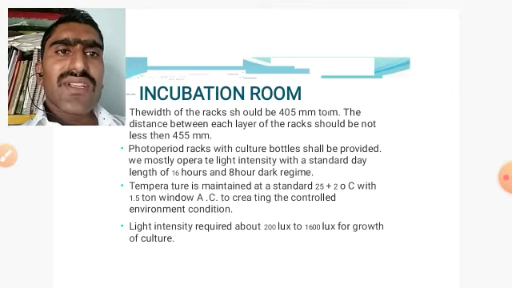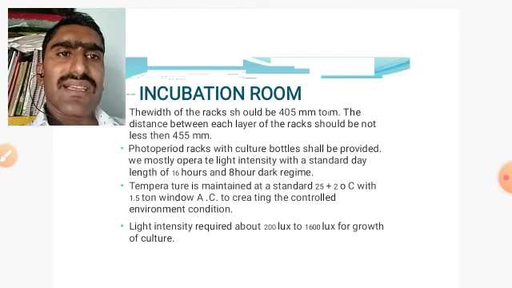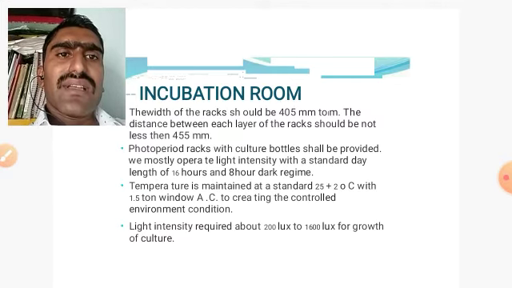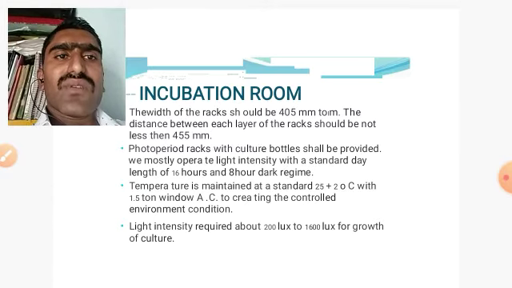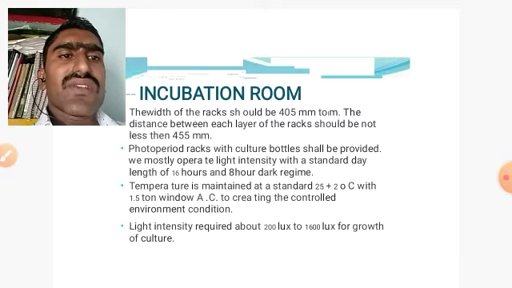The incubation room's temperature should be between 25 to 20 degrees Celsius, and there must be a window creating a controlled environment. AC is required there. Light intensity of about 20 lux to 1600 lux is required for growth of the culture.